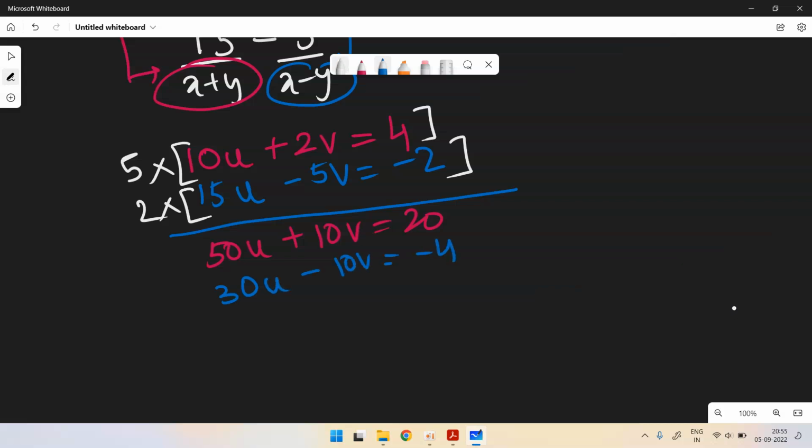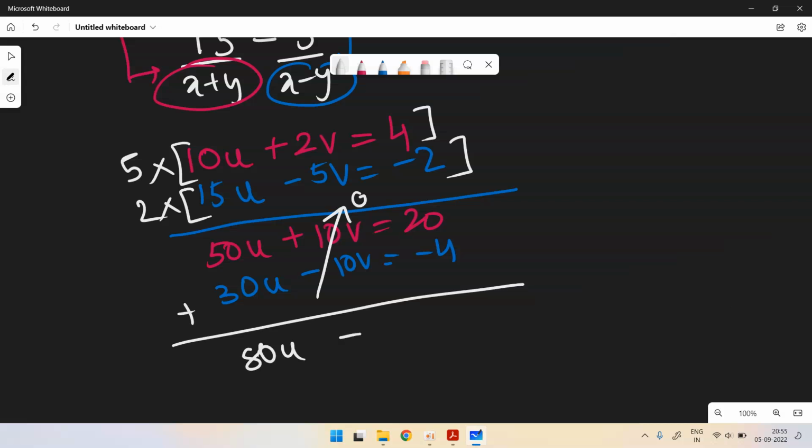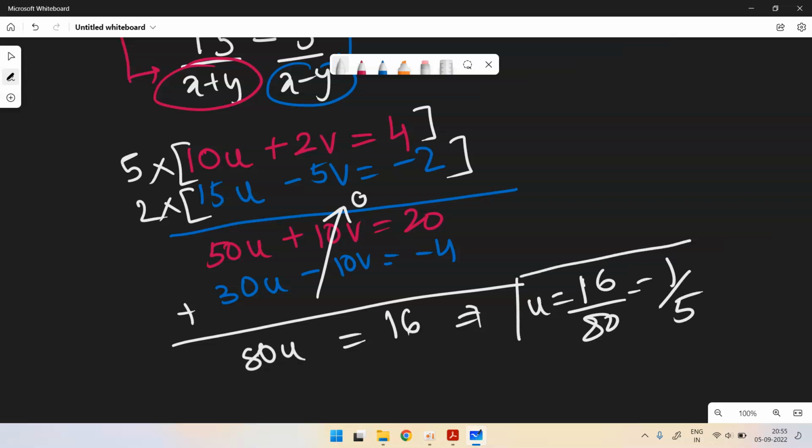I am doing addition, so the 10v and minus 10v become 0. 50 plus 30 is 80u equal to 16, which implies that u equal to 16 by 80, and 16 fives are 80. So u equal to 1 by 5.